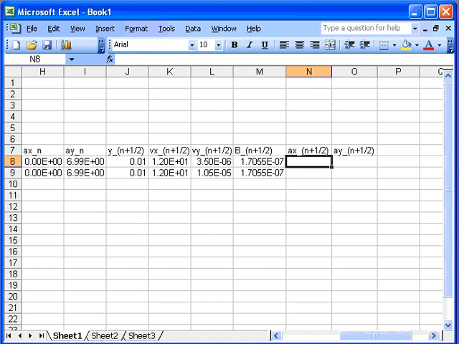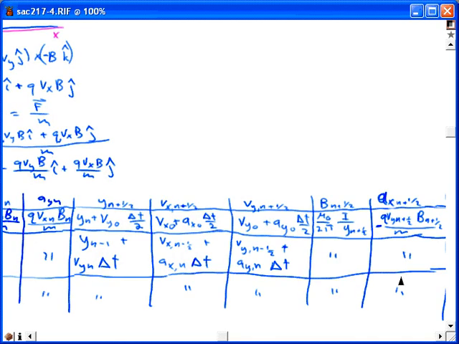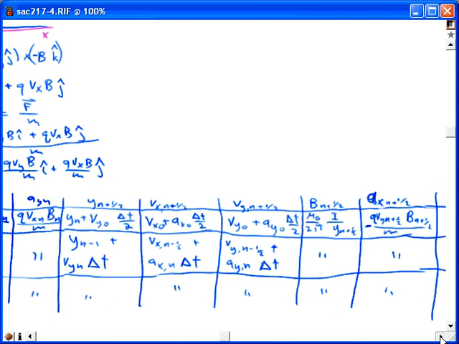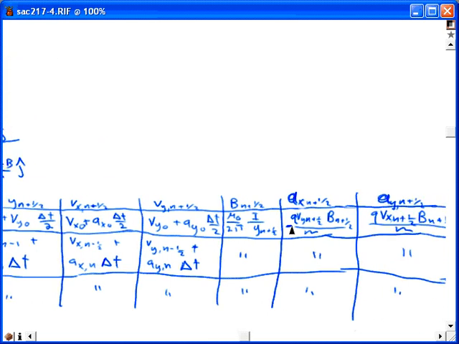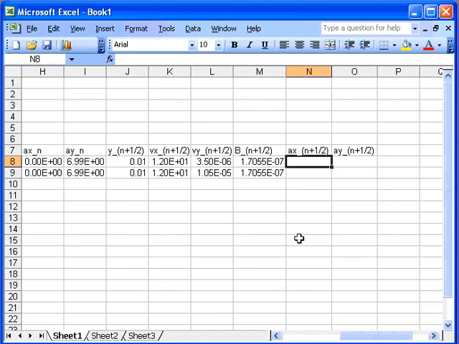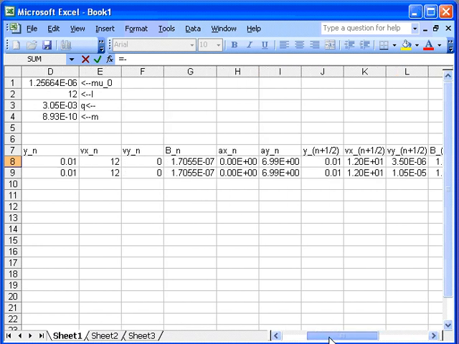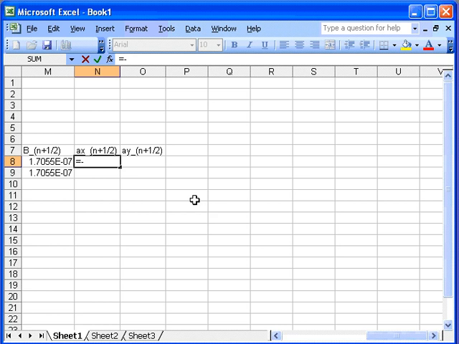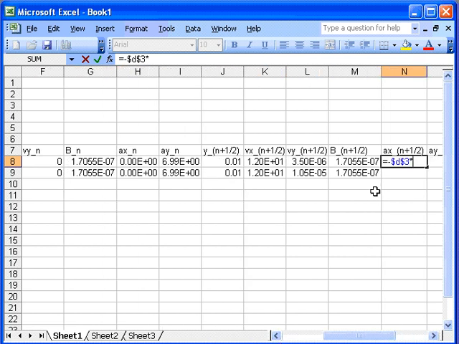Alright, the Xn plus a half, we're almost there. That's the minus QVY, QVB over M, but it's the Y component of the velocity and there's a minus sign. So it equals minus the Q, which is this guy up here, D3, so $D$3, times a V, but I need the other components.